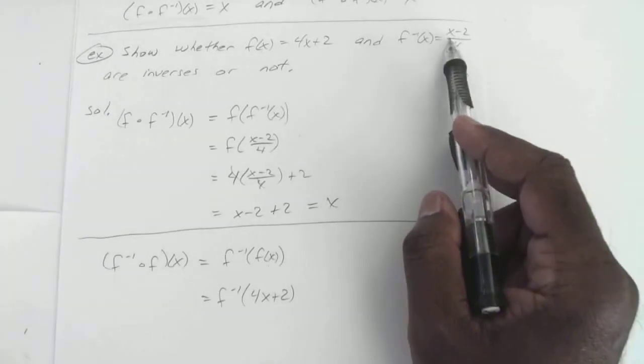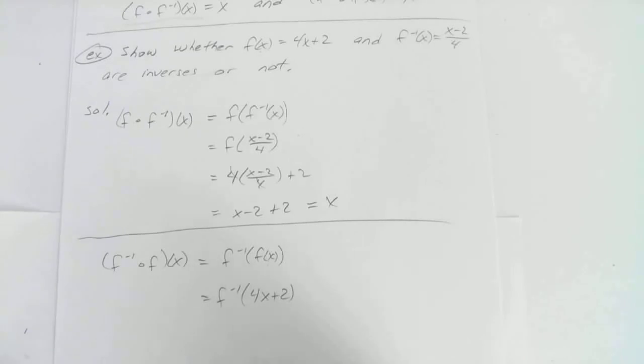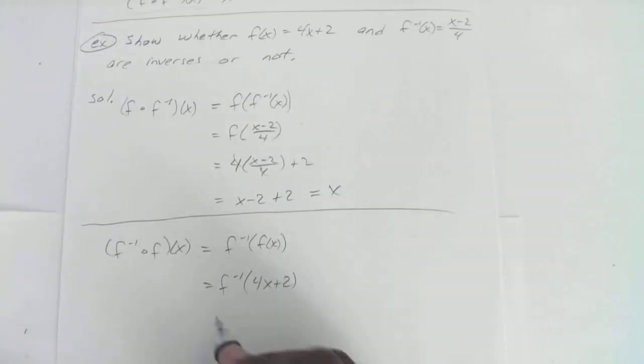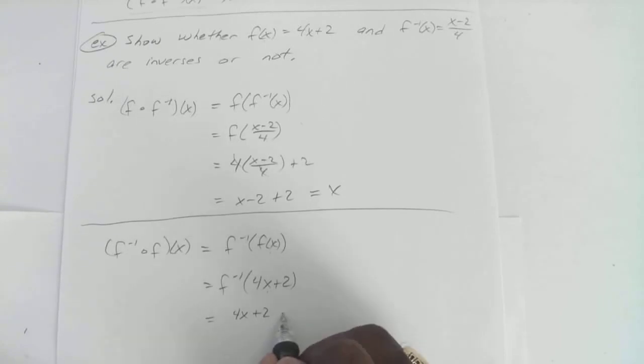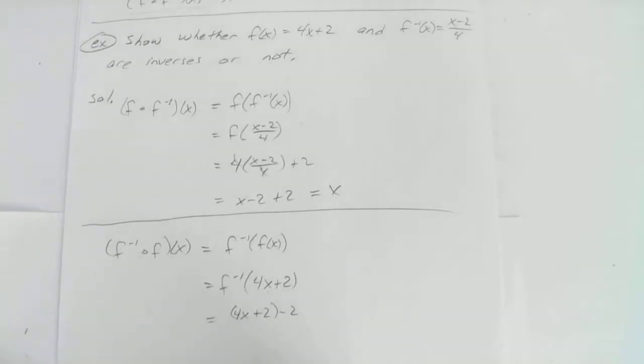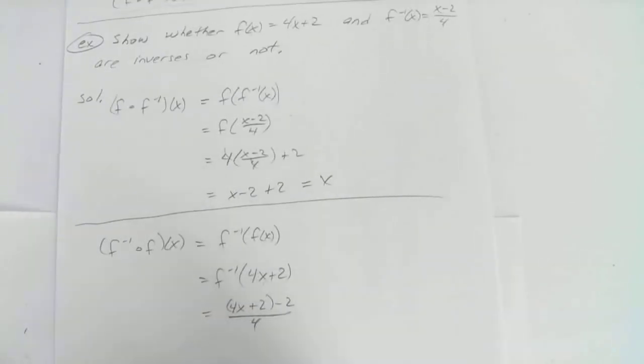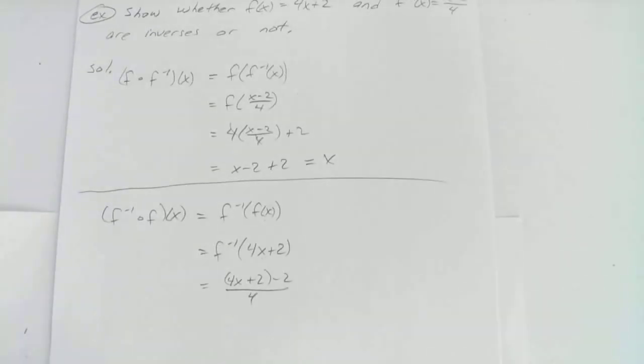Since our f inverse is x minus 2 over 4, for f inverse of 4x plus 2 we just replace the x with 4x plus 2. So we have 4x plus 2 minus 2 over 4.